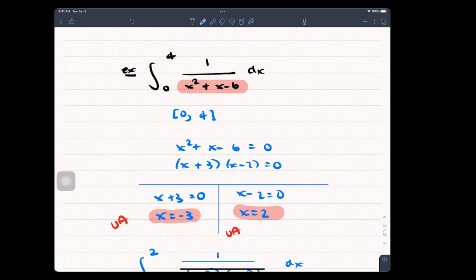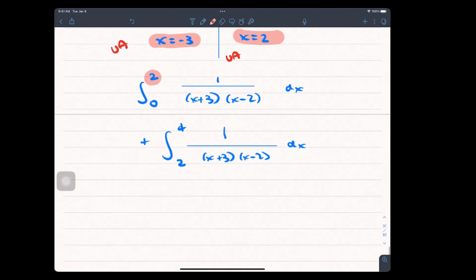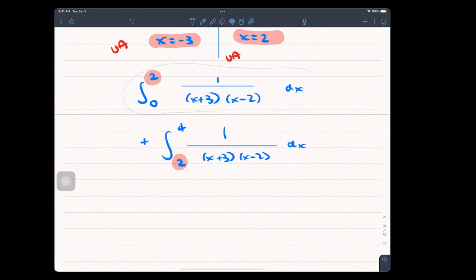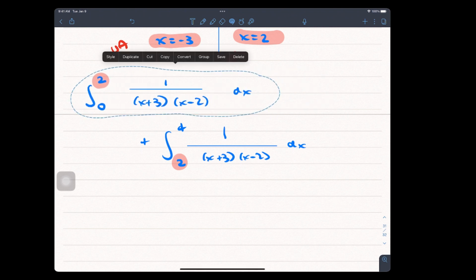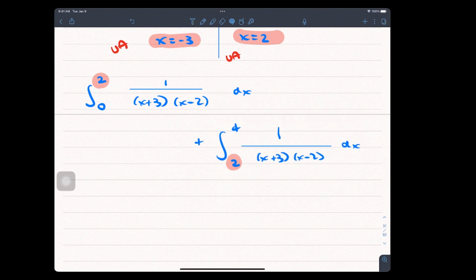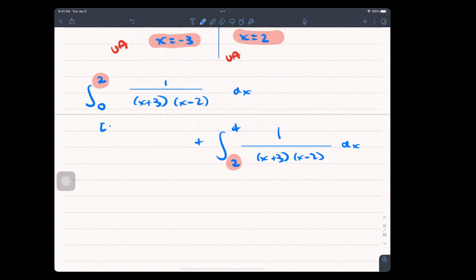So the discontinuity is at 2. Yeah, that vertical asymptote at 2. So you're going to have to split that up along the vertical asymptote. I would say for this first one, look at the interval, right? 0 to 2.